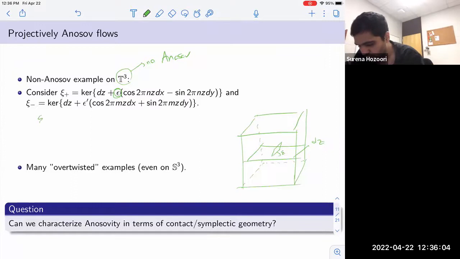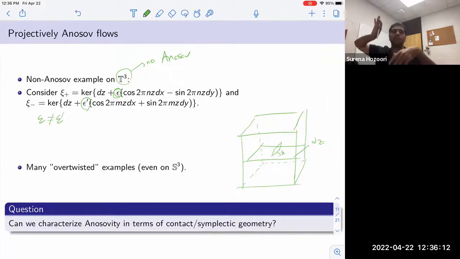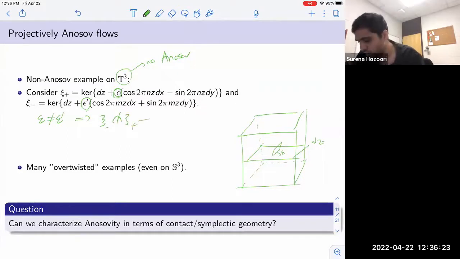And as long as this epsilon and the other epsilon prime for C minus are not equal, these two plane fields would have different angles with the foliation, which in particular means that these two plane fields are in fact transverse. The previous proposition would tell you that any non-vanishing vector field in the intersection would be a projectively Anosov flow.